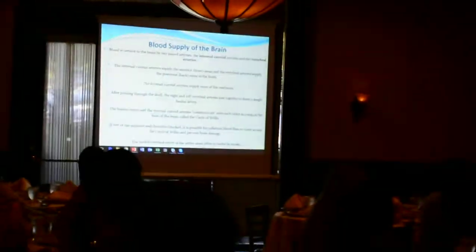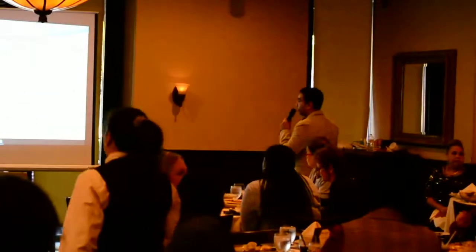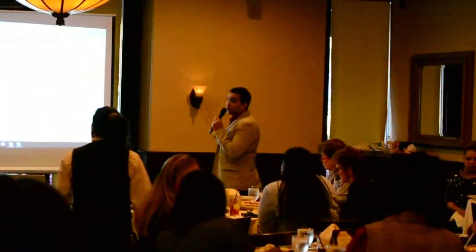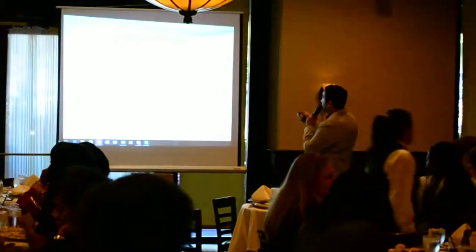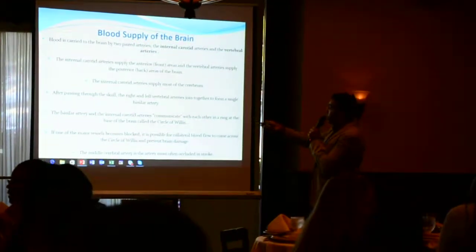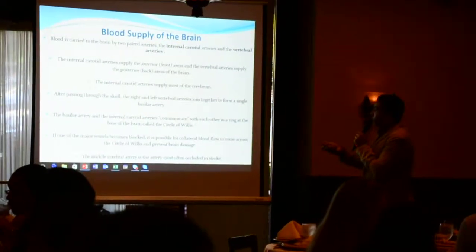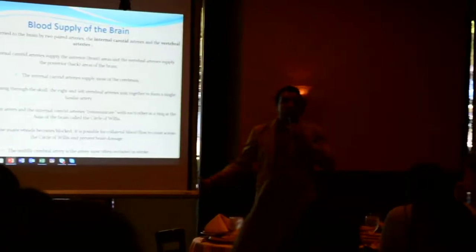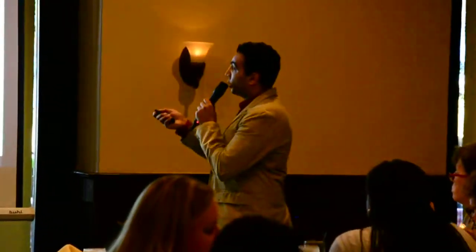For example, we have two main arteries which supply the brain. The first one is the internal carotid artery. The second one is the vertebral artery. The vertebral artery is divided into the right and left vertebral arteries, which together make the basilar artery. The basilar artery with the internal carotid artery makes the circle of Willis.